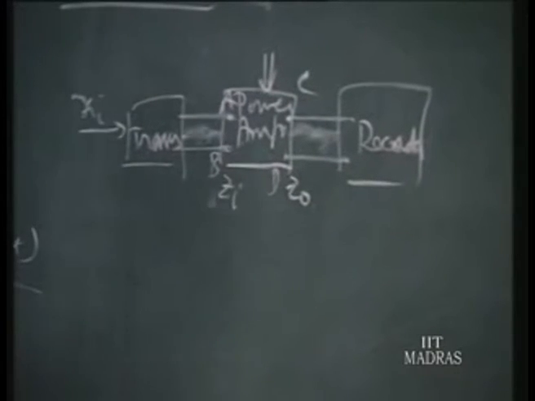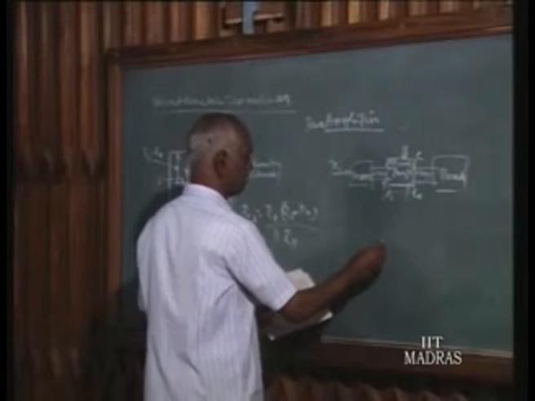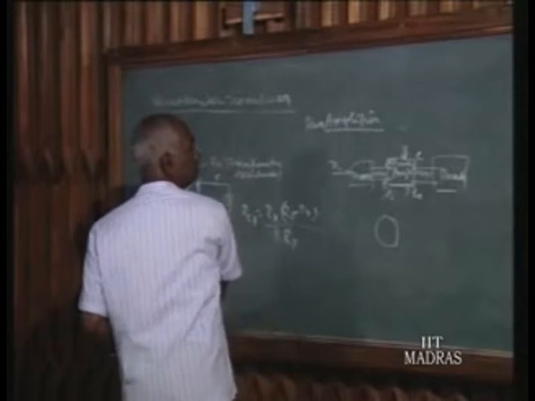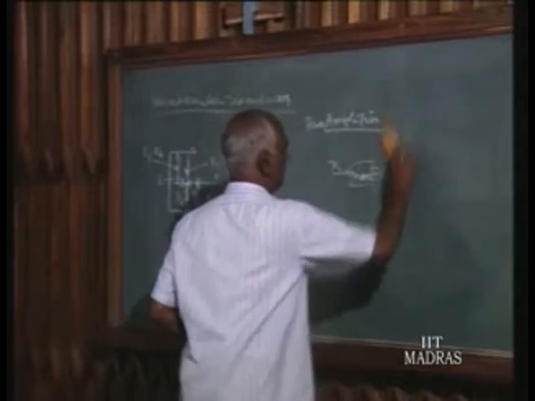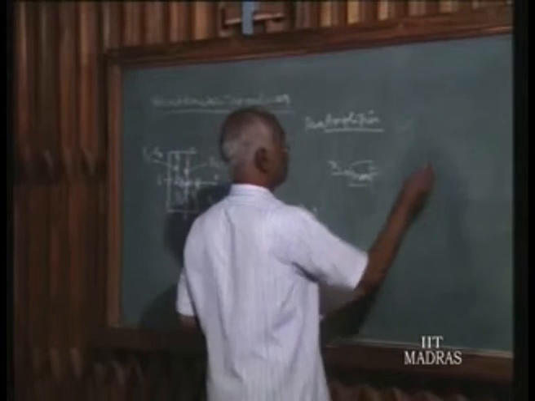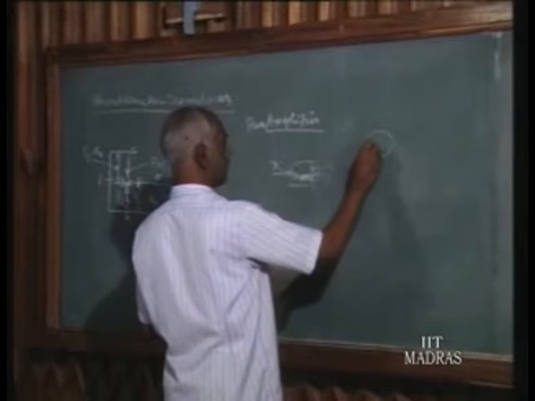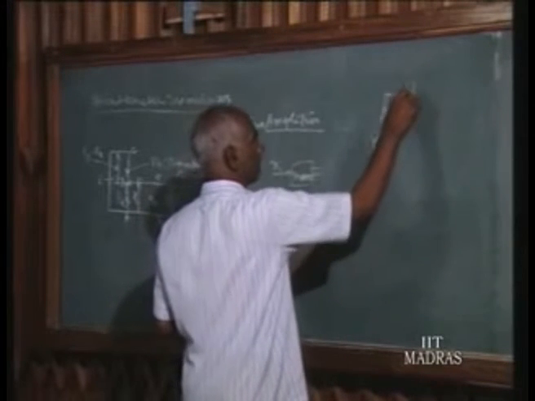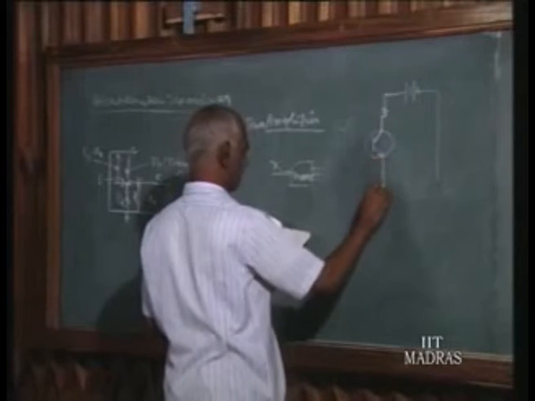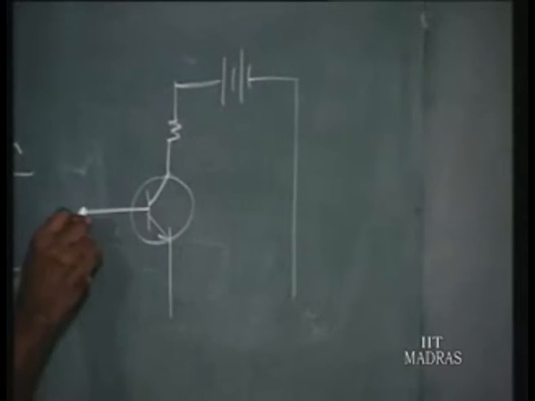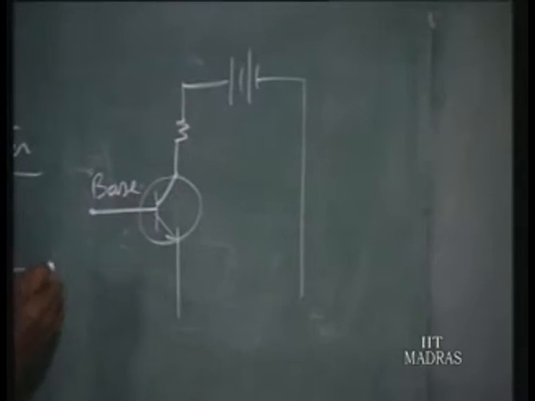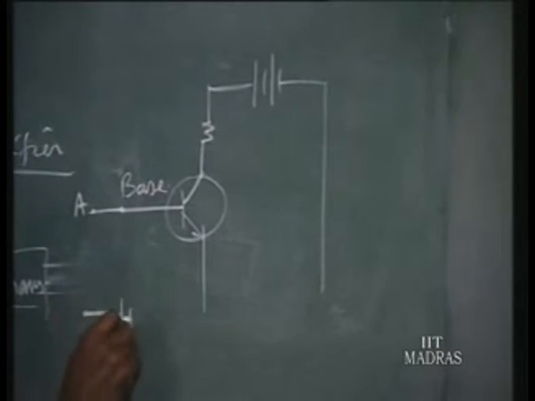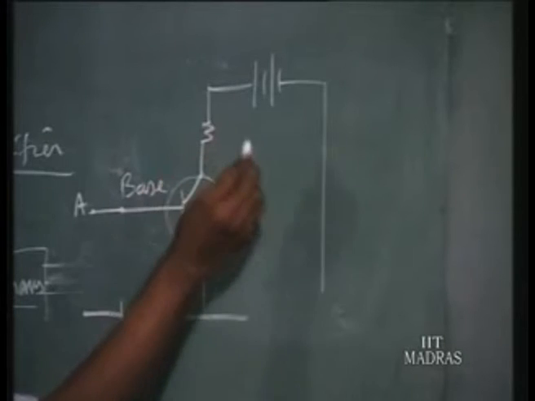For this, I will take one simple transistor circuit. So it is like this, or I will draw the other side. This is the base, point A and point B with the positive, since it comes here.